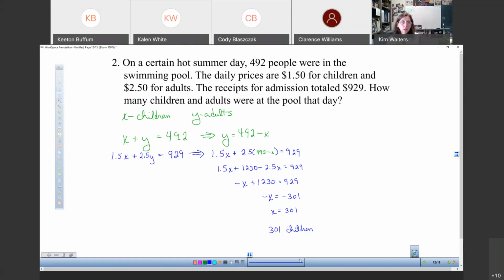There need to be more grown-ups. It's okay. How do I figure out the number of adults? Somebody help me out. You can either tell me, but if you tell me, you've got to be prepared to tell me how you got that. You can type it to me.